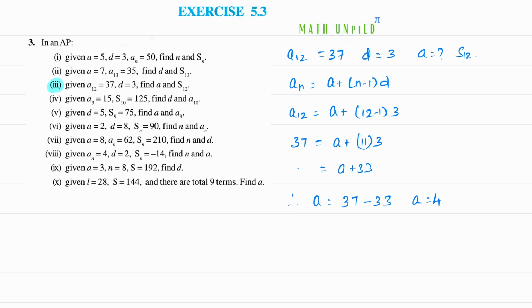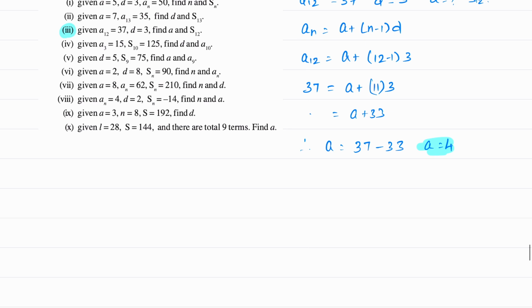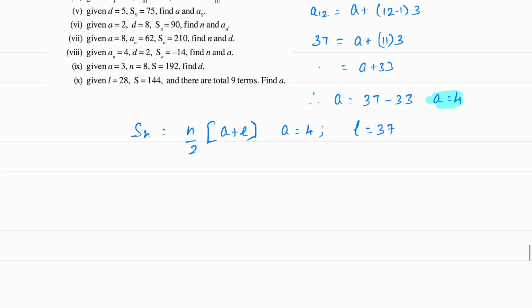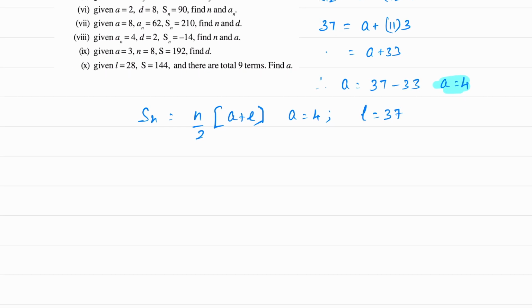Now we got the value of a. We can do the sum of 12 terms. So what is the formula for that? Sn is given by n over 2 times a plus l, where a is the first term, or a equals 4, and l is the last term, the 12th term. So l equals 37. Now we can substitute this in the formula, and the value of n is 12.